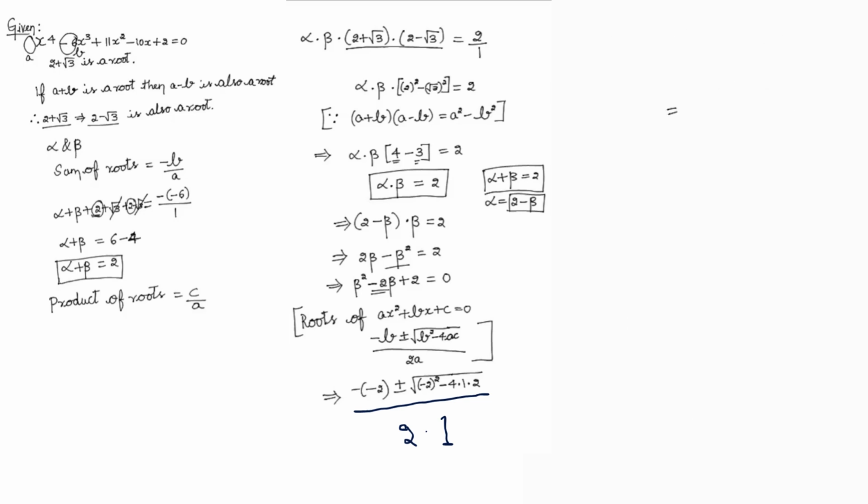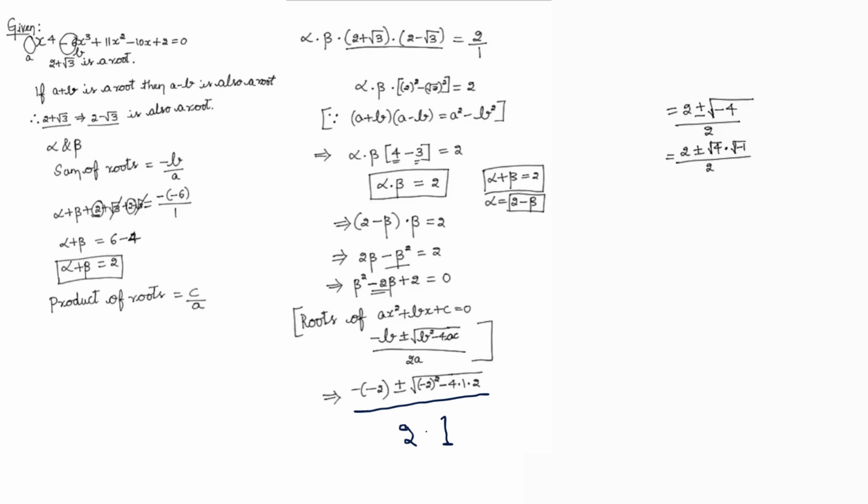2 plus or minus whole root minus 4 divided by 2, which is equal to 2 plus or minus, let's separate minus 4 as root 4 into root minus 1, divided by 2.